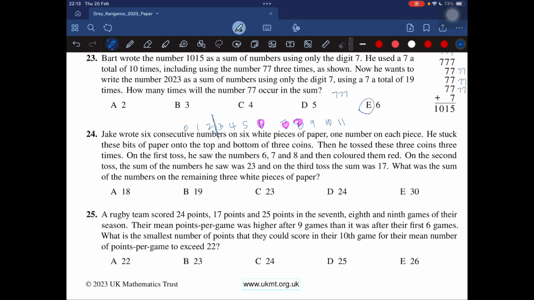Second toss, then he saw 23. So sum of the number, maybe including 6, 7, 8, then it may be the sum of 23. So let's say out of here, whether we can make 23.